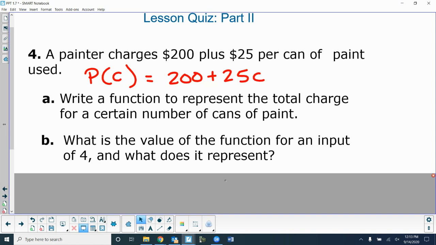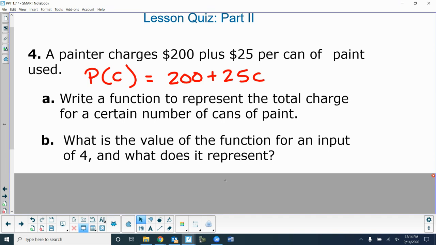Does that make sense? You had a couple problems like that on your homework, right? The last two, I think. And then it says, what's the value of the function for an input of 4? So what's the value if I put a 4 there? $300, right? And what does that represent? How much you have to pay the painter for painting whatever he was painting for you, right?